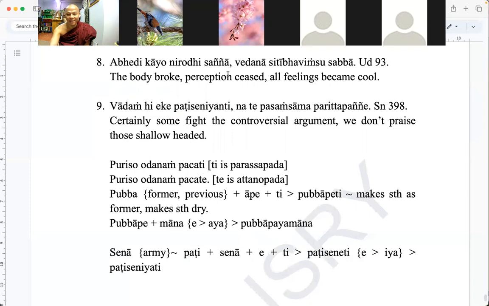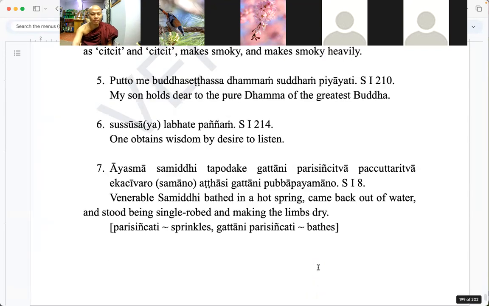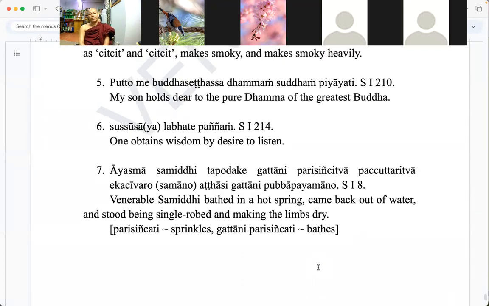Any question? Okay, hello. I'm sorry, Bante, may Bante move a little bit back to number 6? For the sususa here, Bante, it is the feminine, and is it nominative or accusative? Instrumental. So sa ya, but ya is here temporarily dropped because of the limitation of the syllable in the stanza.